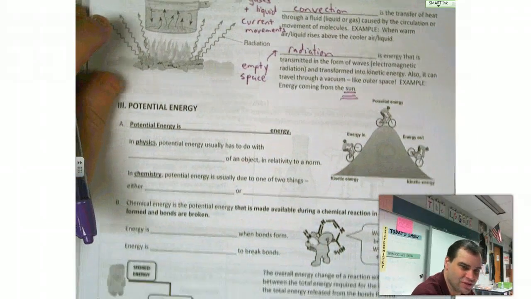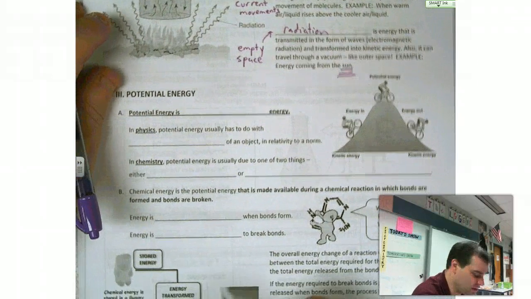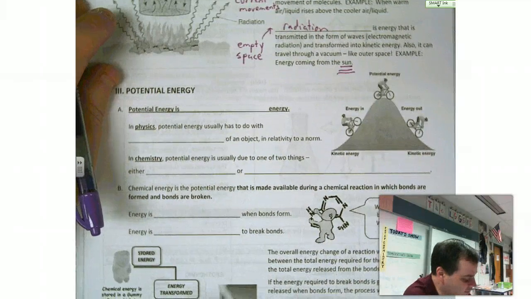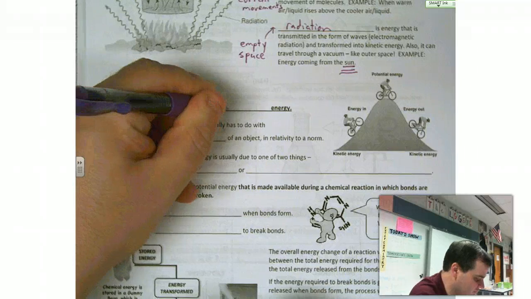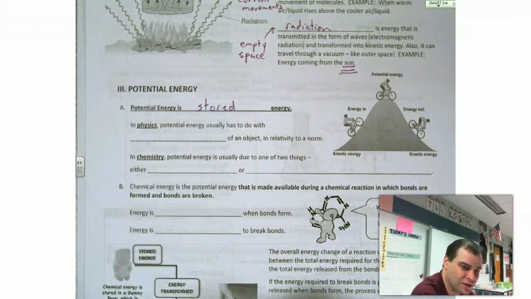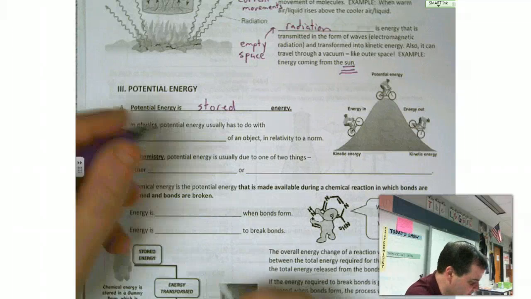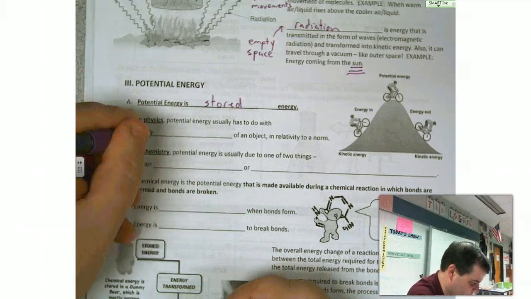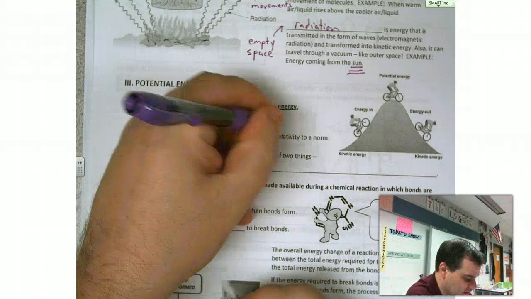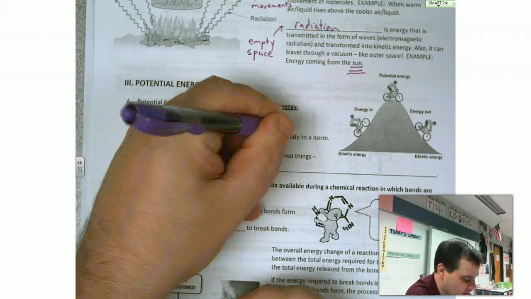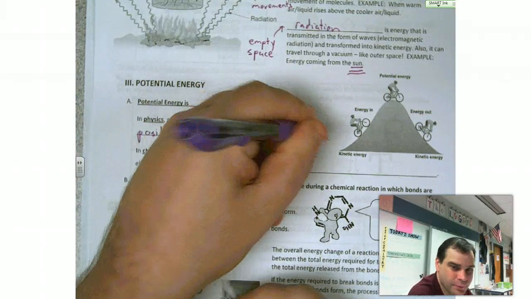Then we have potential energy. Potential energy is stored energy. In physics, it is based off the position of an object, and usually the formula is mass times gravity times height.